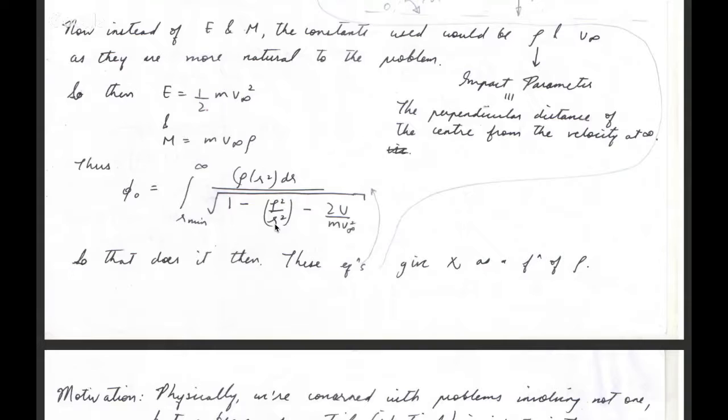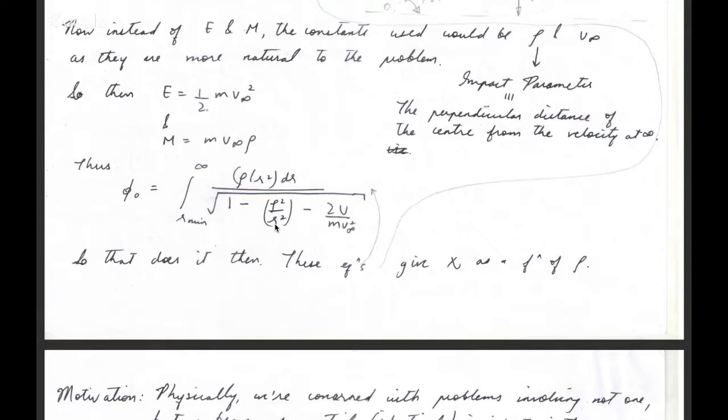So 1 by root of a square minus x square is sine inverse of x by a. So we will get sine inverse.